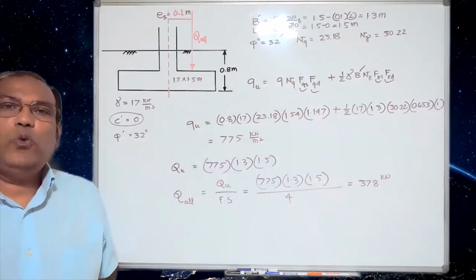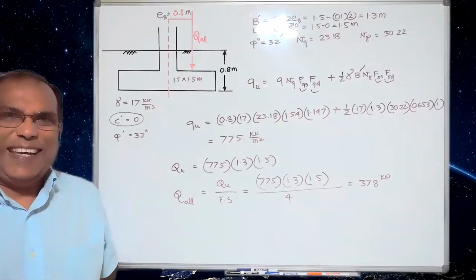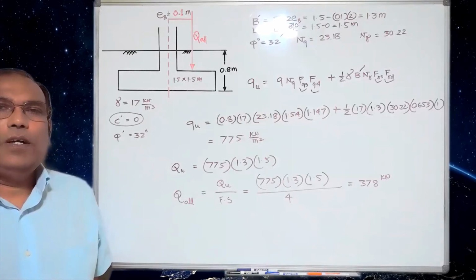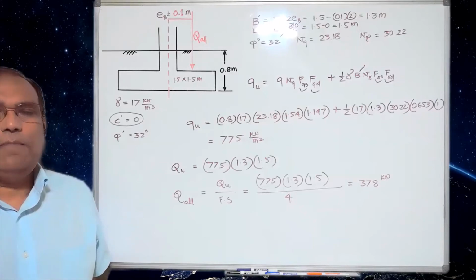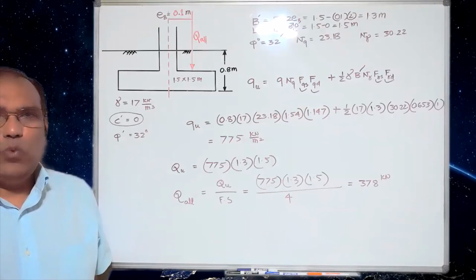So you have to remember two things again for one-way eccentricity. The first thing is that when you find your shape factor, you use the effective length and effective width.